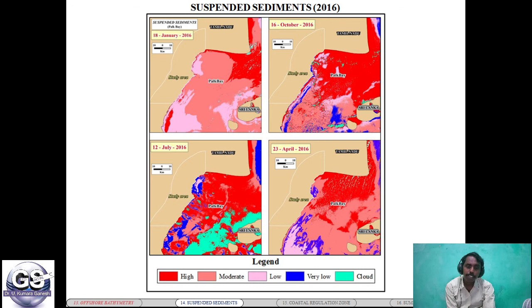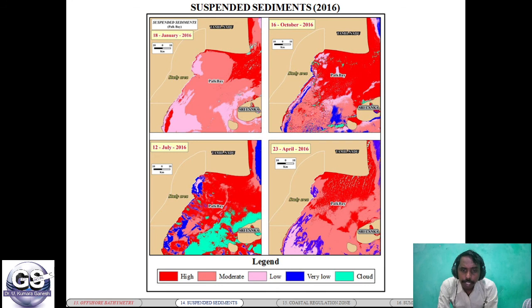From that, notice that in the October season data, there is always a high percentage of suspended sediment concentration near the Vedaranyam offshore region.